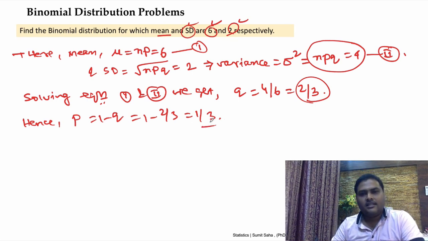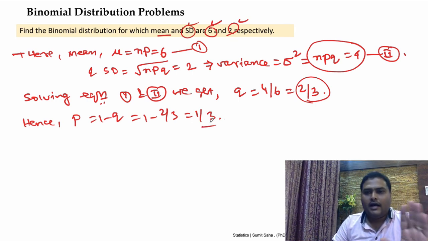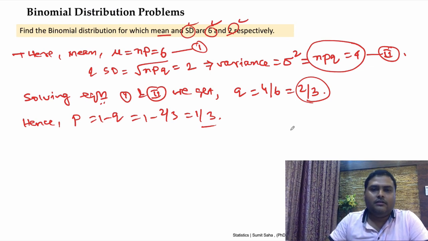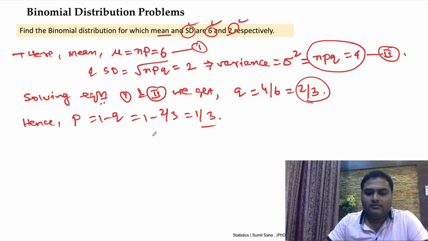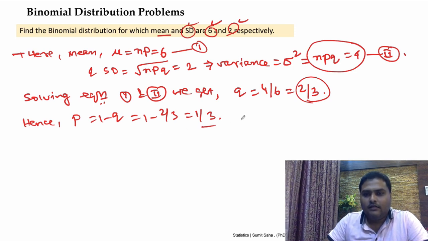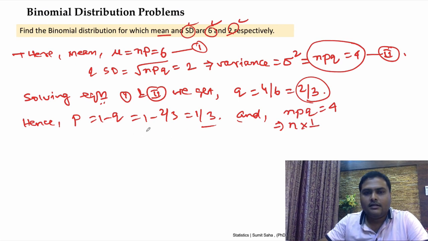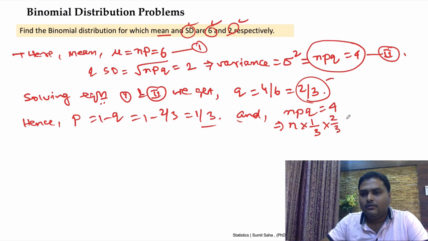Clear? Easy. So now we have got the p value and also the q value. Now we need to find the value of n. So npq equals 4: n multiplied by p value 1 by 3, q value 2 by 3, equals 4.